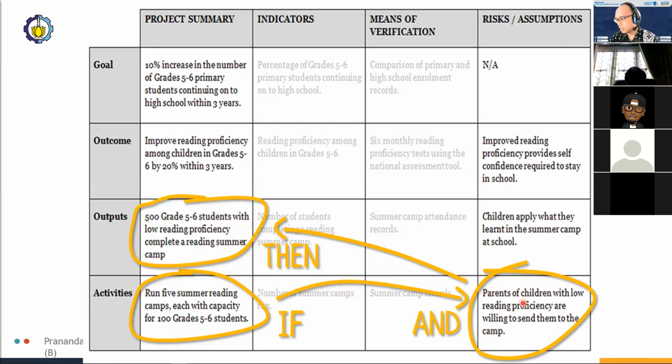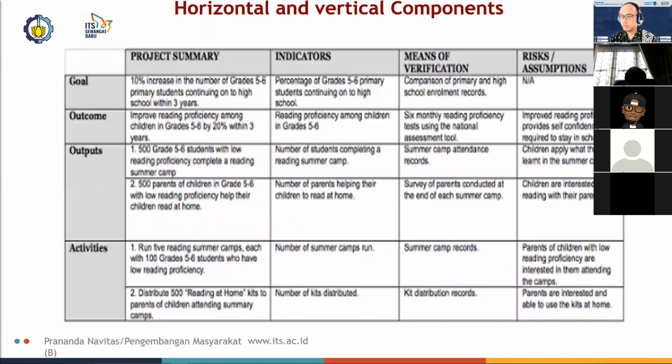So that was the assumption and associated risks. Sorry.